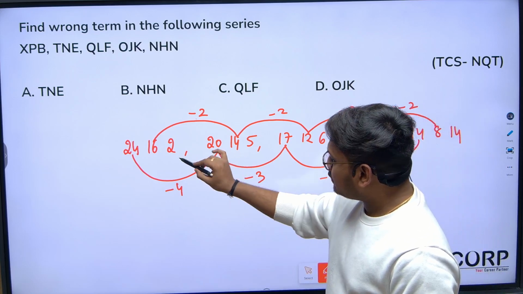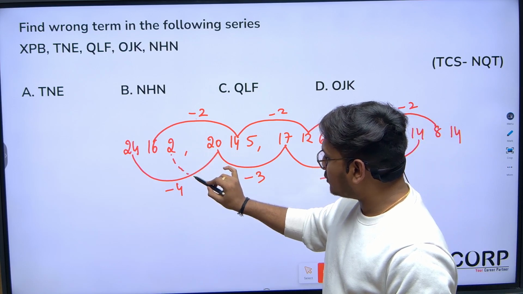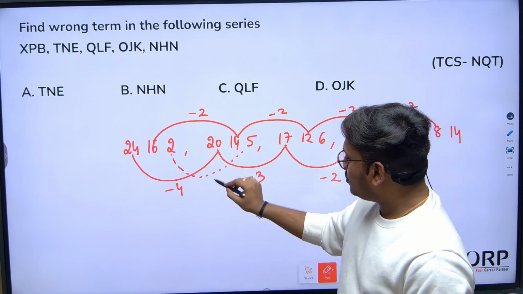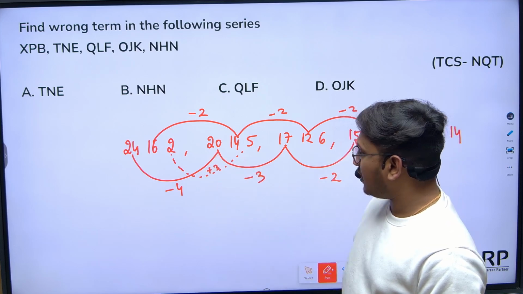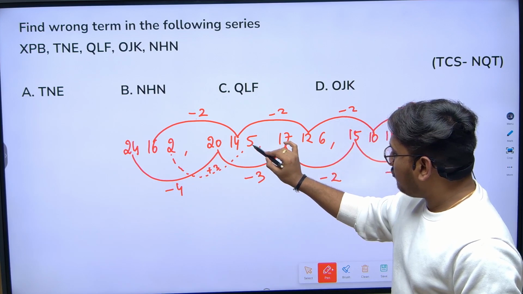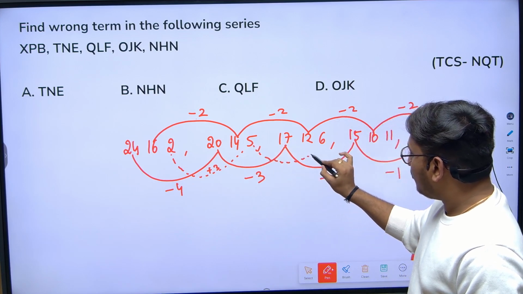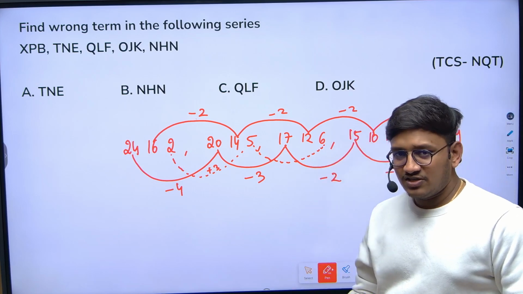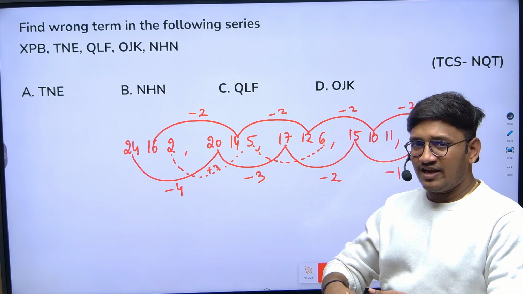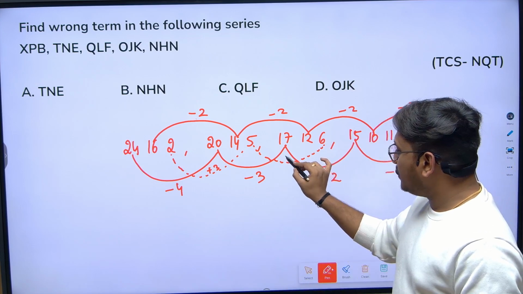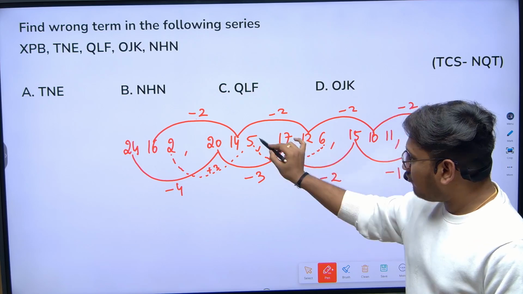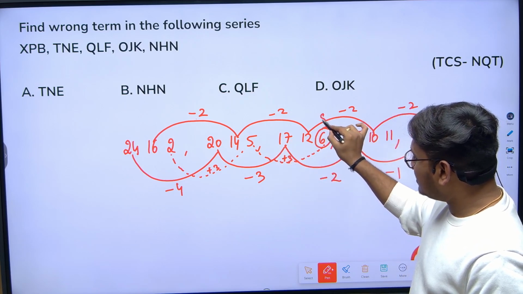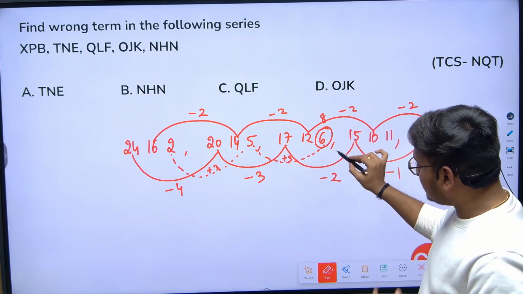I'm drawing a dotted line. 2 plus 3 is 5. Next, 5 plus 1 itself. So here it is deviating, plus 3 and plus 1. Actually it should be plus 3. If you want 5 plus 3, instead of 6 it should be 8.